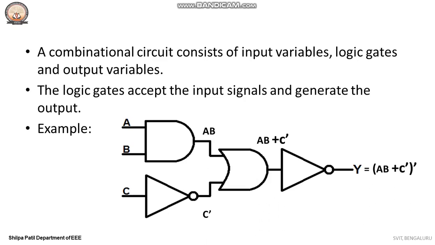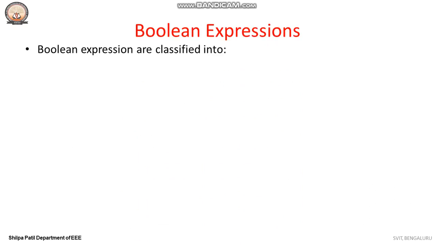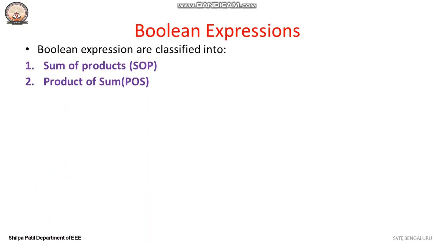So whatever expression we get for the logic circuit, it may be of two types: a sum of product or a product of sum. Our Boolean expressions are classified into two types: sum of product, that is SOP, and the second one is product of sum, that is POS.